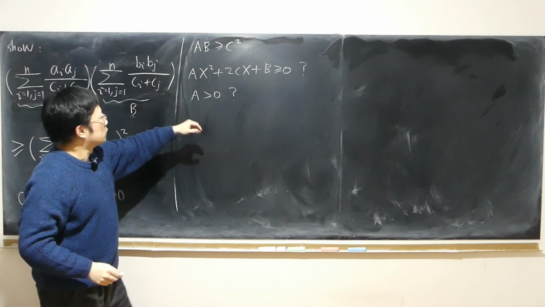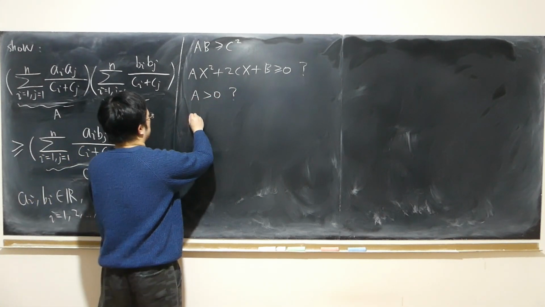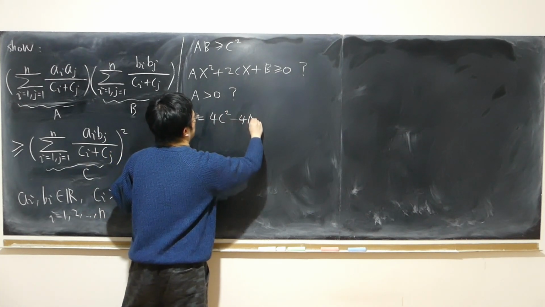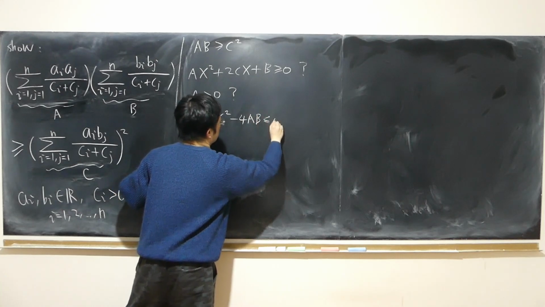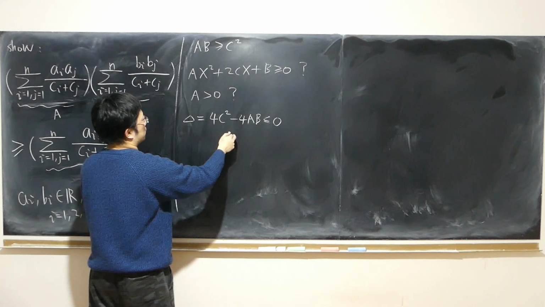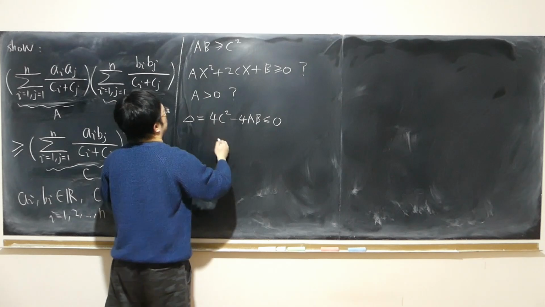Always non-negative. So its discriminant has to be 4c squared minus 4ab less than or equal to 0. So in other words, 4c squared less than or equal to 4ab. So c squared less than or equal to ab, right?